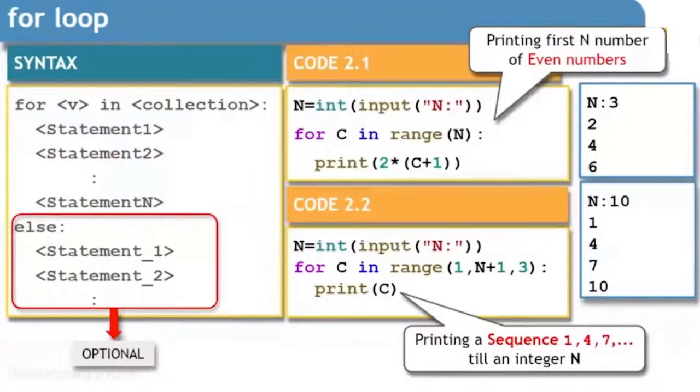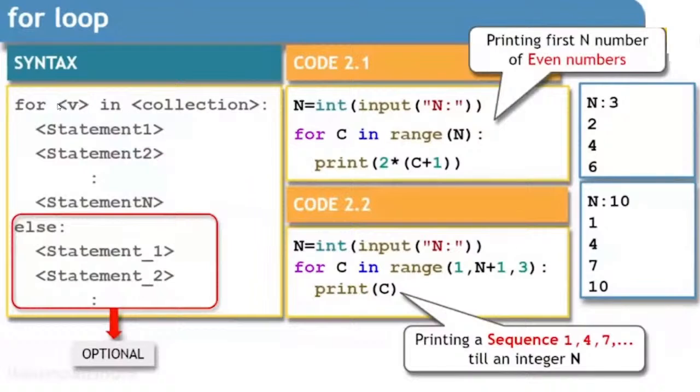Range is a special function which is used to create the sequence of the numbers, or the range, you can say. So the type of this variable does not need to be specified, because whatever collection you give here, the type of this identifier will be decided accordingly.